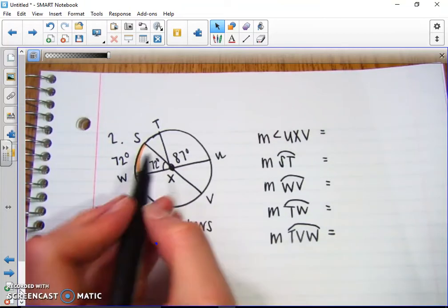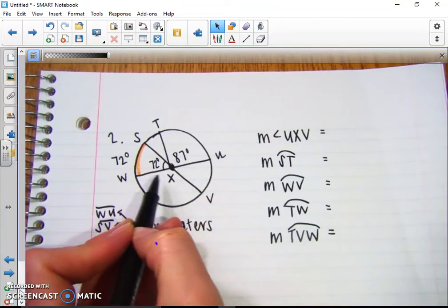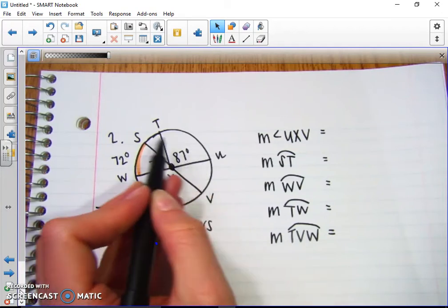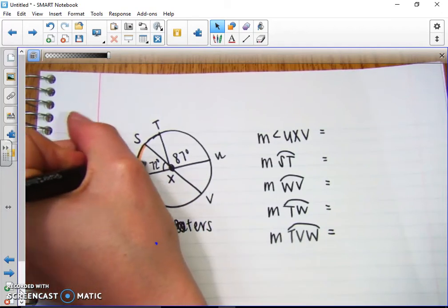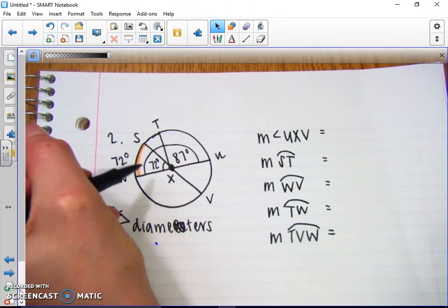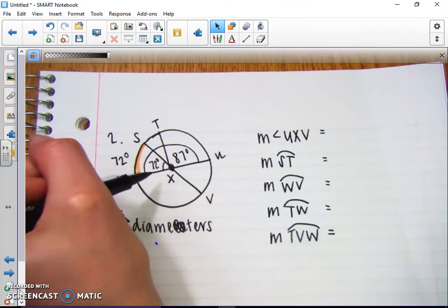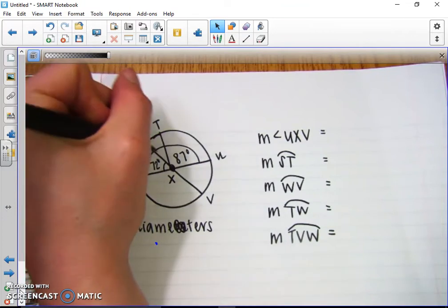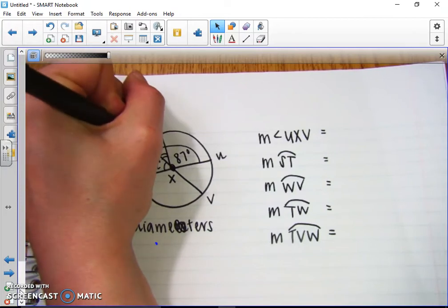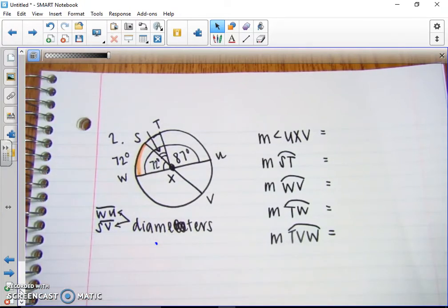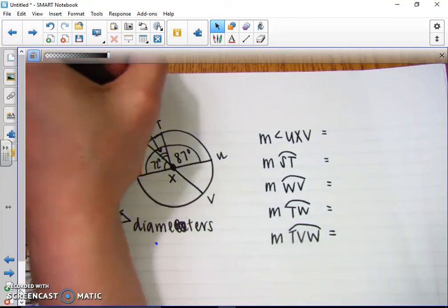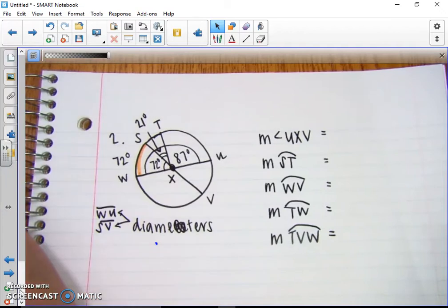We also know that WXU, this is a 180 degrees angle because it's a line. So this has to add to 180. So we can subtract 87 and 72 from 180 to find this missing angle here. So let's go ahead and do that and find that missing angle. So I'm going to do 180 minus 87 minus 72. And this is 21 degrees.